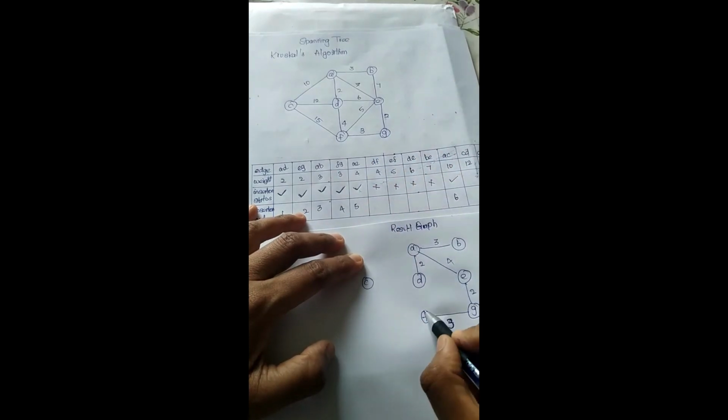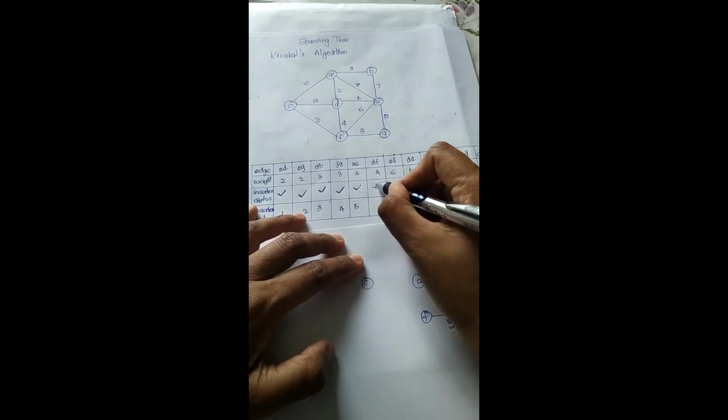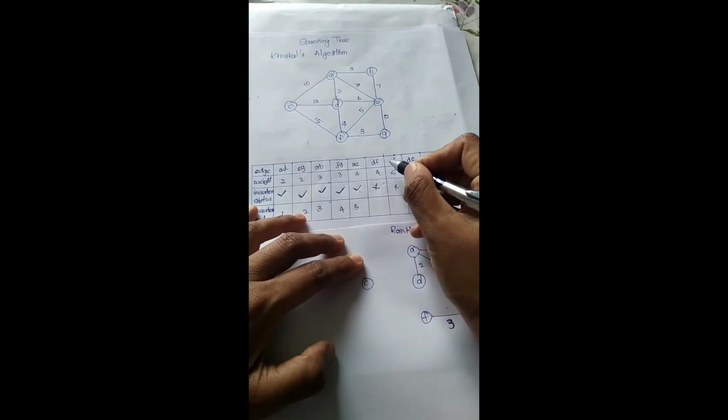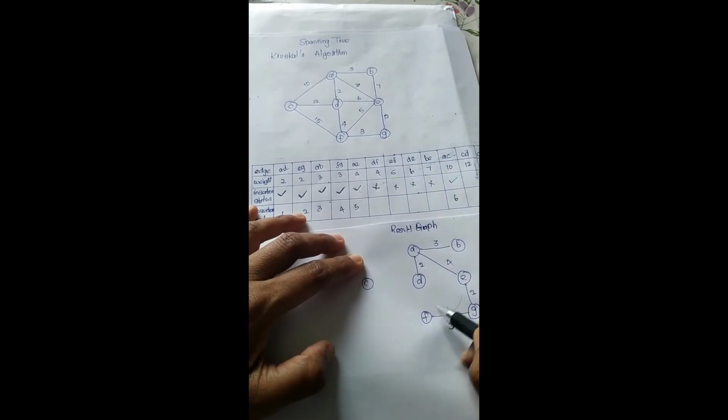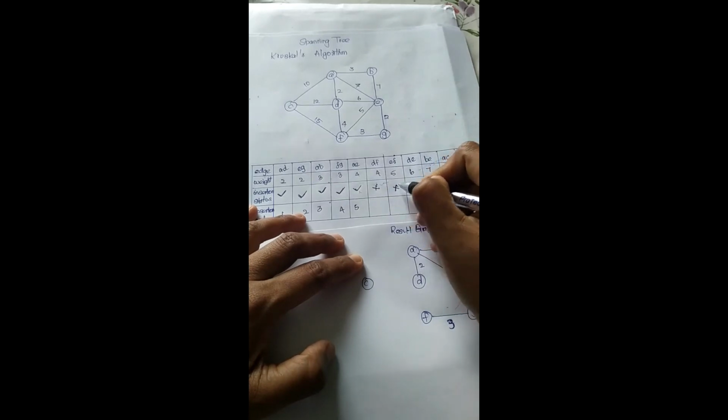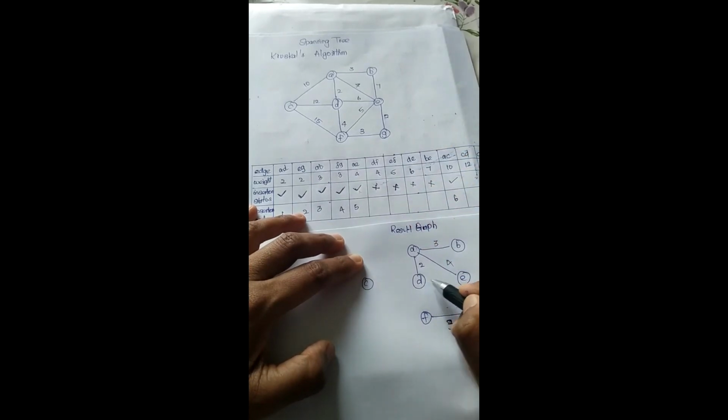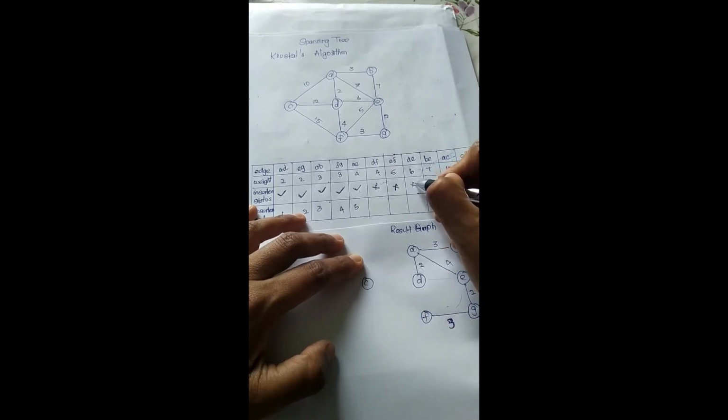DF, D and F, if I select this edge, it will make a cycle, so I'm not selecting DF. EF, E and F, if I select this edge, it will create a small cycle, so that is not selected. DE, if I select this edge, it will create a small cycle, so I'm not going to select it. BE, it will also create a small cycle, so that's not selected.